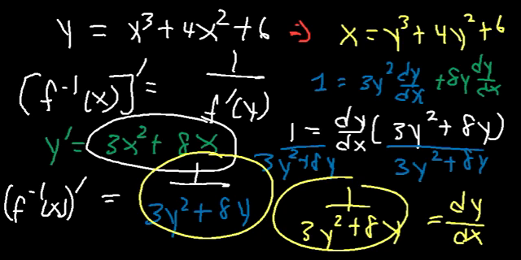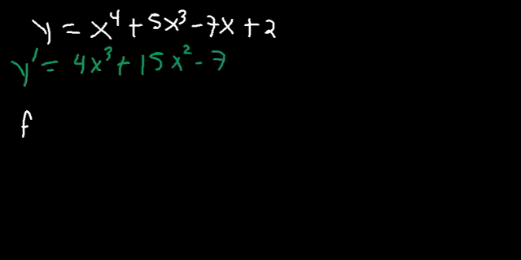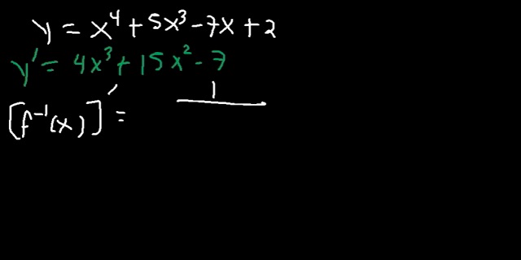Let's try another example for the sake of practice. So, given this function, y is equal to x to the fourth plus 5x cubed minus 7x plus 2. So first find y prime. It's 4x cubed plus 15x squared minus 7. So the derivative of the inverse function is simply going to be 1 over that result, but change x with y.